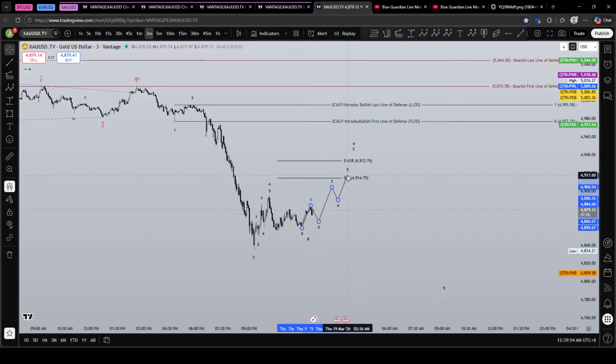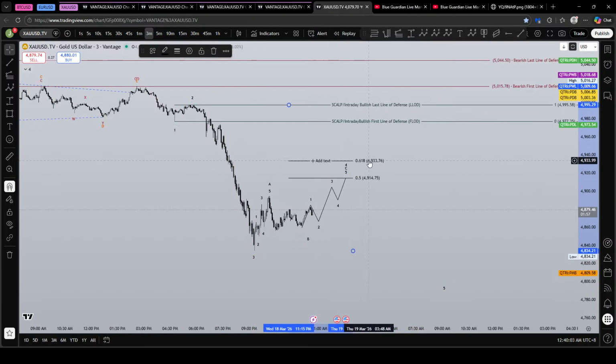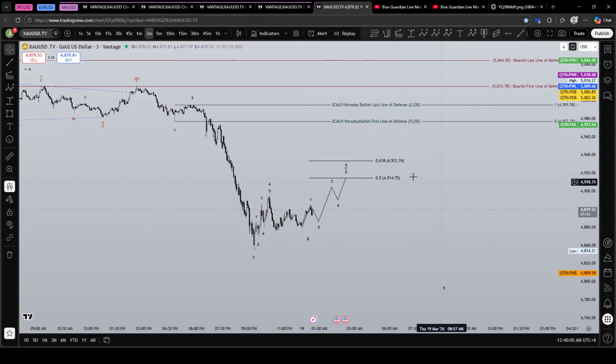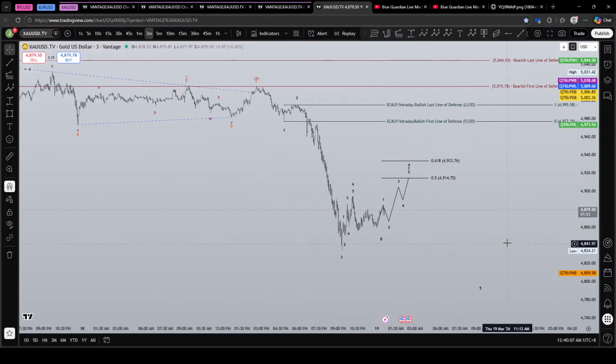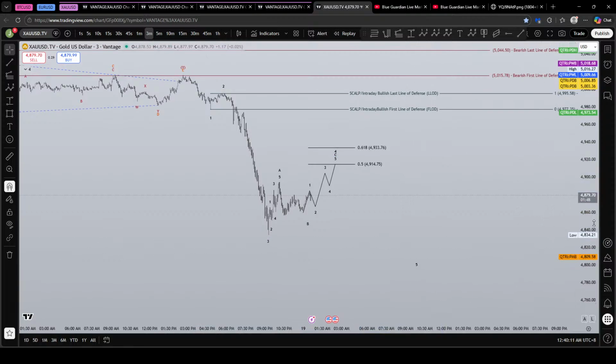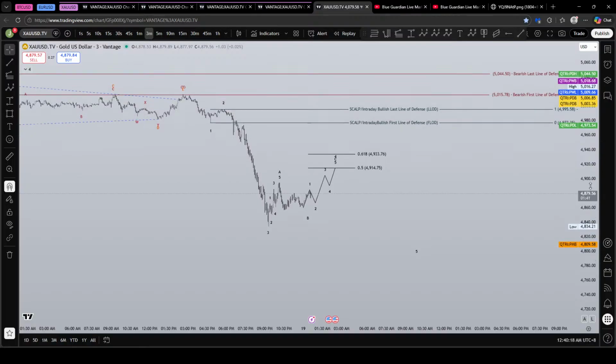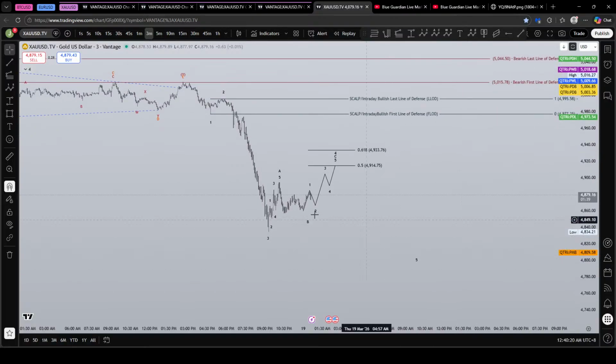So the conservative wave 5 target will be here, and then wave 4 will be within this retracement level for a possible wave 4 to wave 5 continuation. And the target for wave 5 may be the previous month body low. This is the previous month body low. So the target can be 4,809.58.